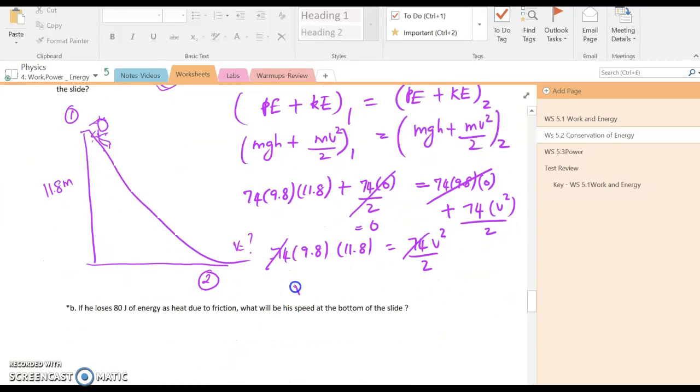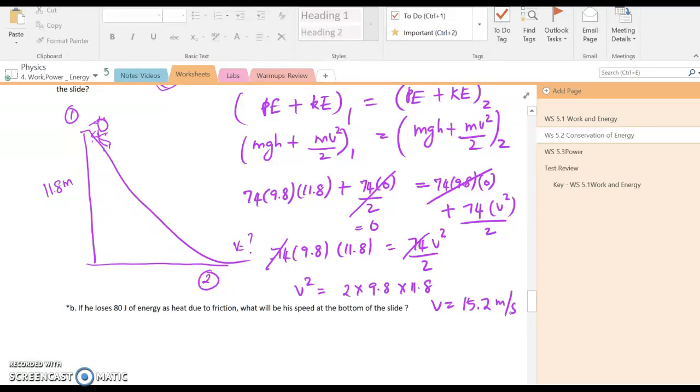So now if you solve, v squared will be 2 times 9.8 times 11.8, and complete the math, and you will get the velocity as 15.2 meters per second.